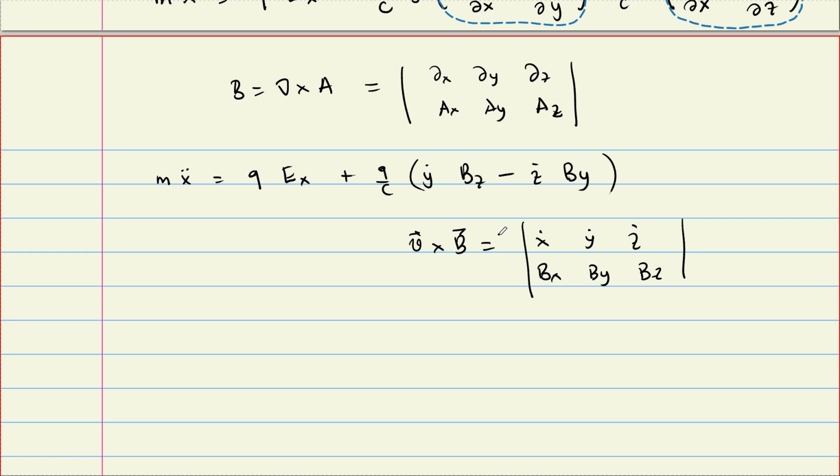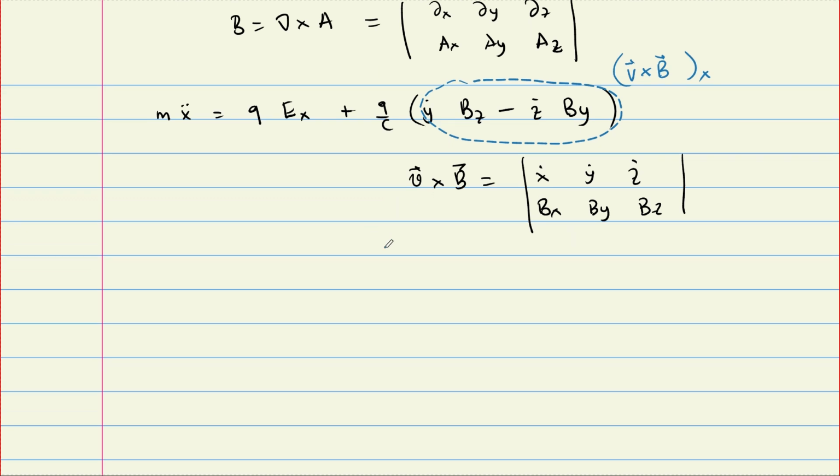So this piece is v cross B x component, and at the end the equation of motion for x is m x double dot is equal to q E x plus q over c v cross B x, and same for y and z.